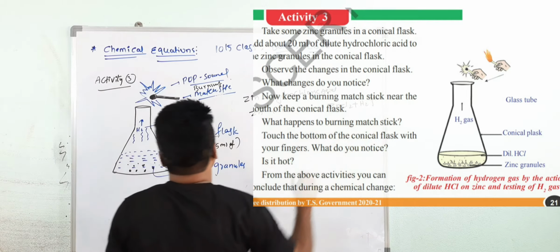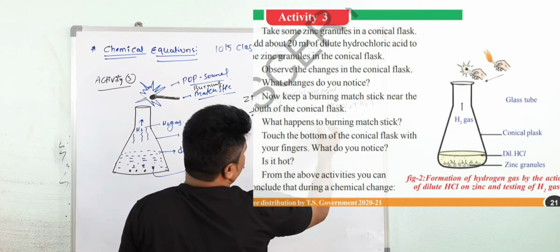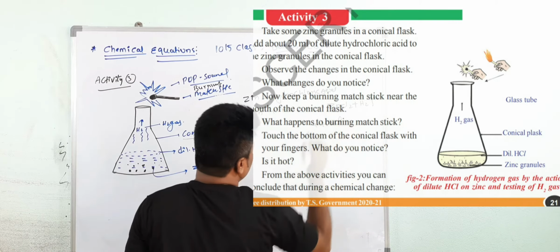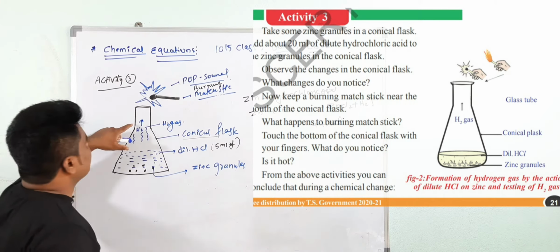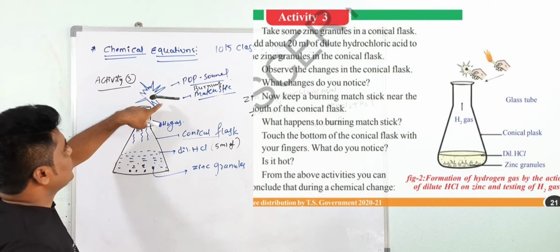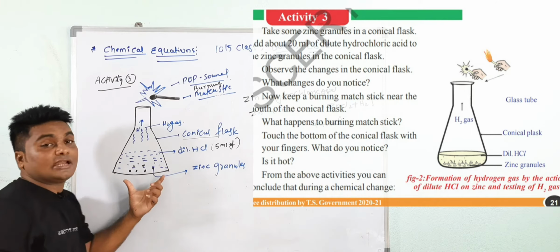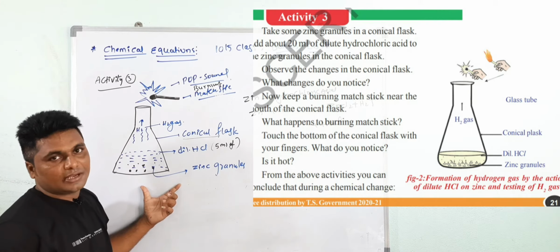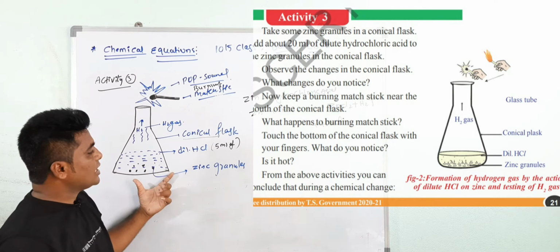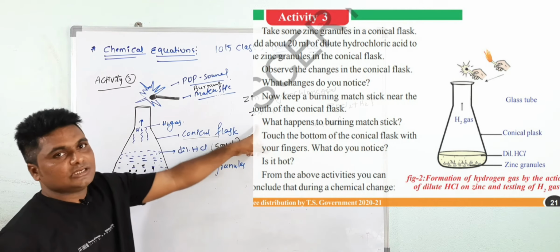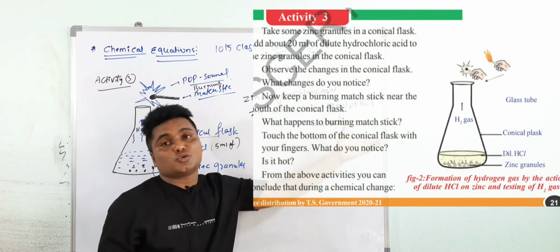Some amount of heat is also released. This H2 gas will catch the burning matchstick fire and you will get the pop sound. This is another activity to represent the chemical reaction. So in this reaction, zinc reacted with hydrochloric acid, zinc chloride is formed and H2 gas is evolved.